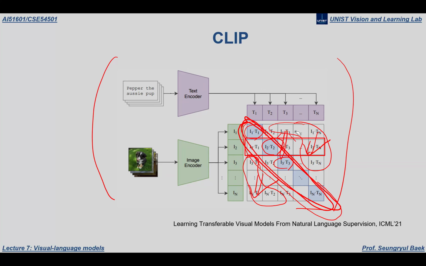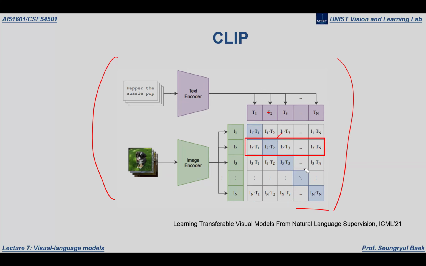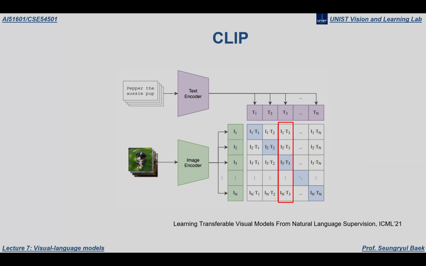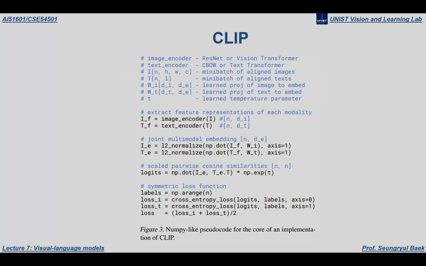This can be implemented by applying the cross entropy loss in this direction first, and then applying the cross entropy loss in this direction. So this type of loss function can be trivially implemented by applying the cross entropy loss twice along different axes.